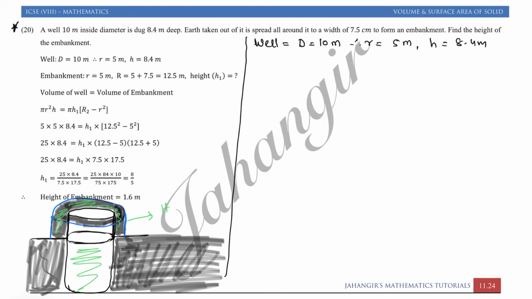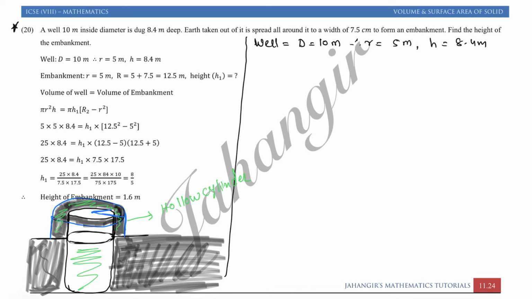In a hollow cylinder we have an inner radius. The part inside, which is the same circle as the well, has the small radius, and this is the big radius. The outside part is the big radius. From the center, this is small and up to here is the big radius.